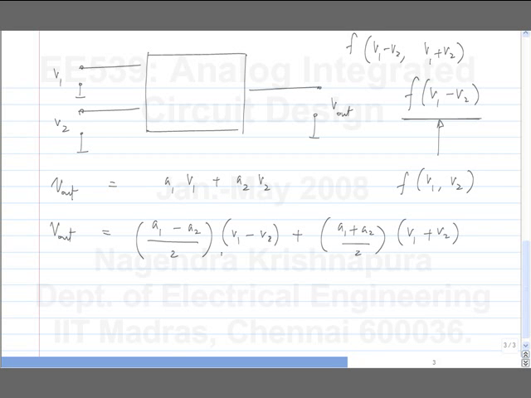So this V1 minus V2 is known as the difference input, okay, or the differential input. And this is known as the differential gain.